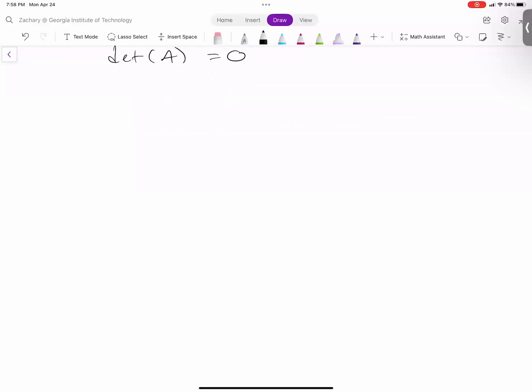Okay, so one-to-one, onto, and invertible are three branches that all go together in different contexts. I'll first talk about one-to-one. The biggest thing you need to know on how to find it is there's a pivot in each column.